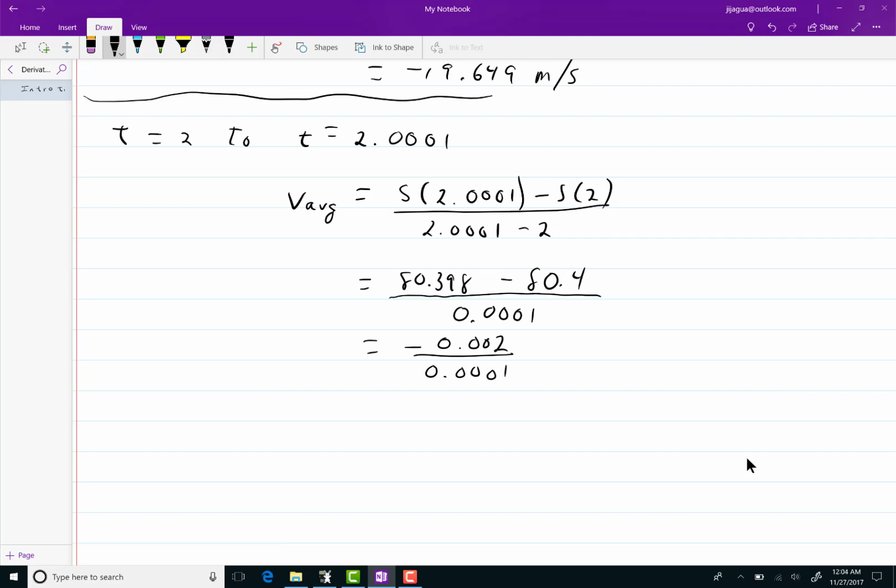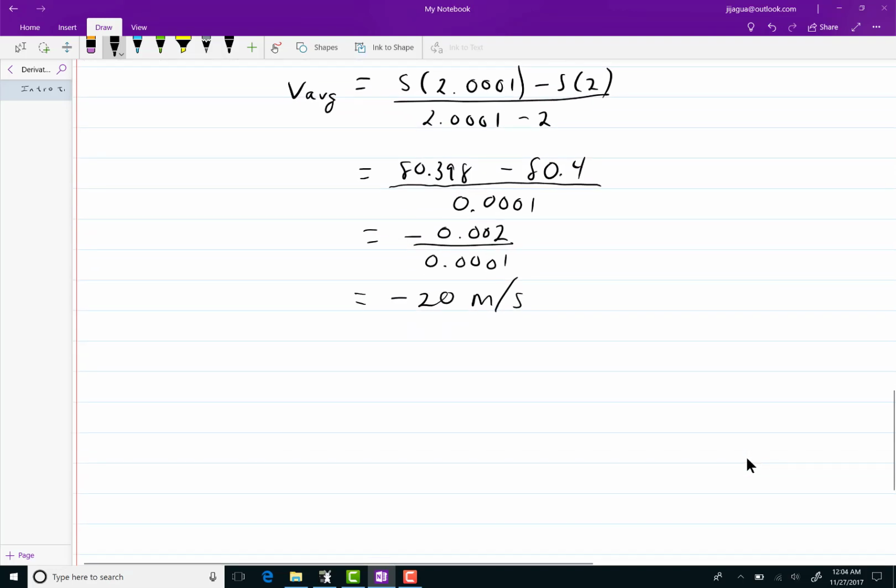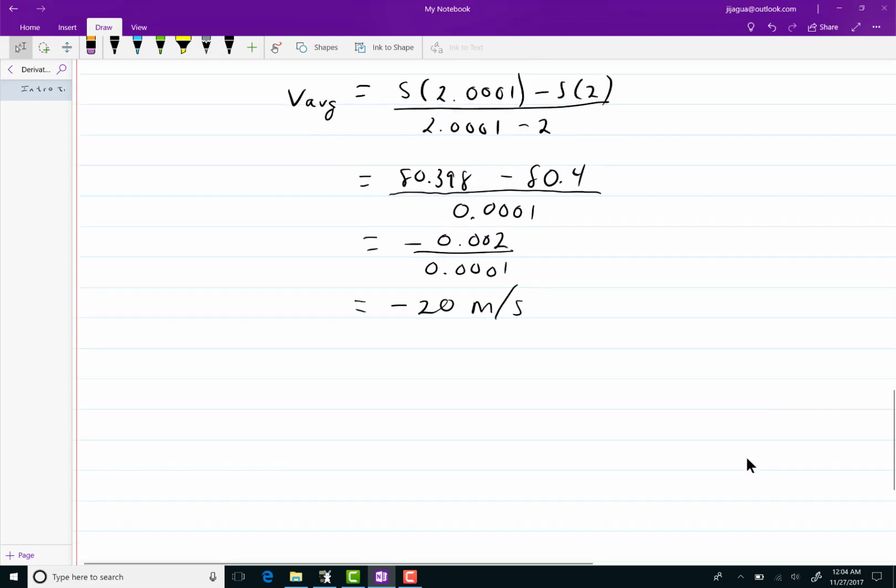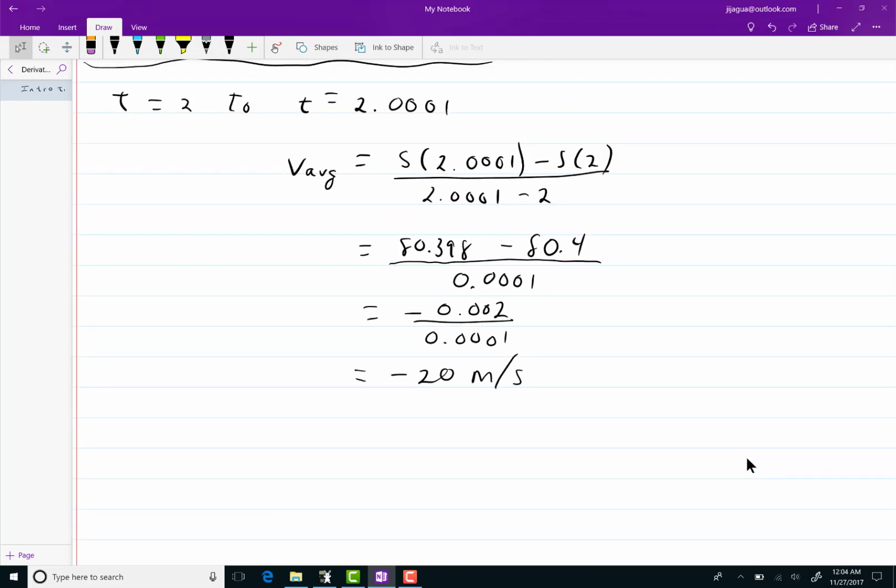Well, I want to move the decimal to the right 4 places. Negative 20 meters per second. Now, what if I told you there's a way to do this without all of these steps? I could have figured out this number without jumping through all of these hoops.